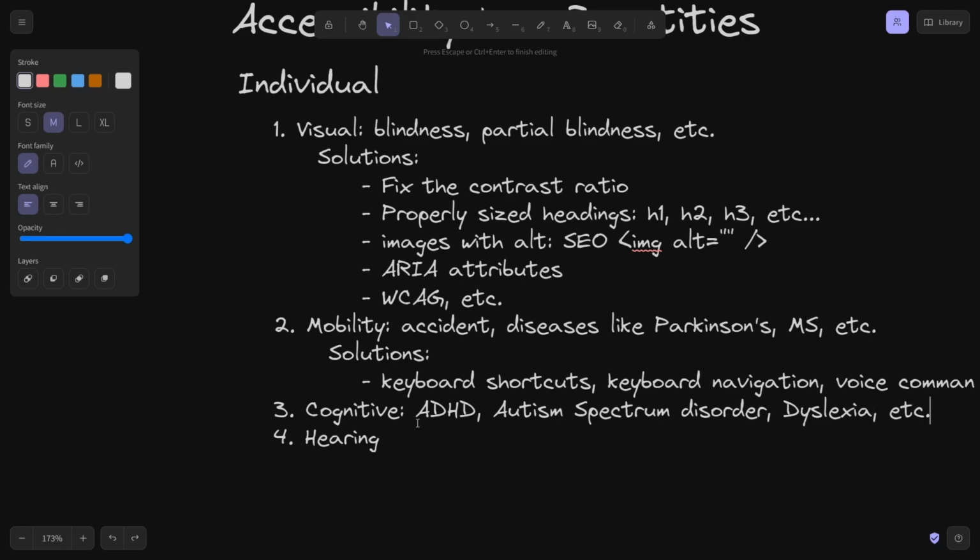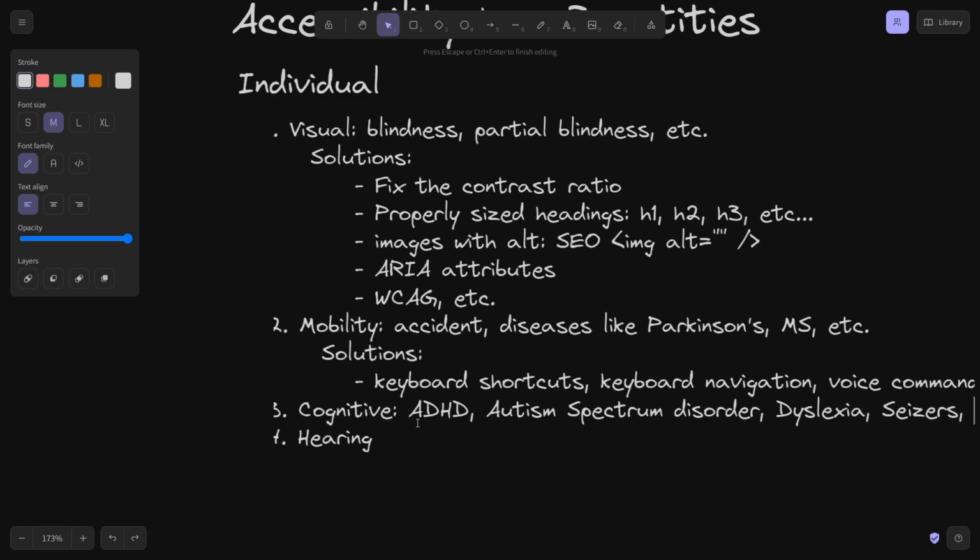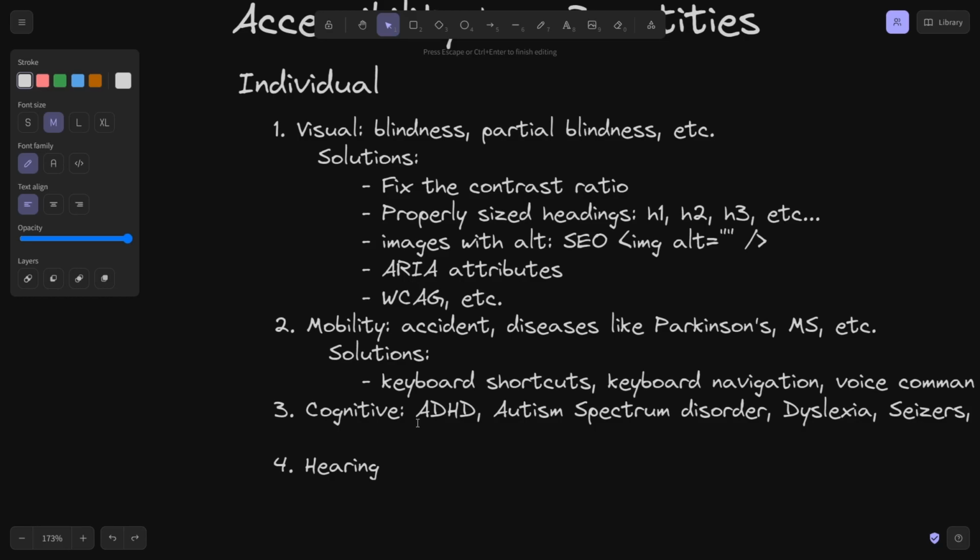So that sort of problem. And yeah, there's also one extreme here, which is seizures, right? So just putting it out here, the solution for this cognitive category is basically to have simple and plain language, right?